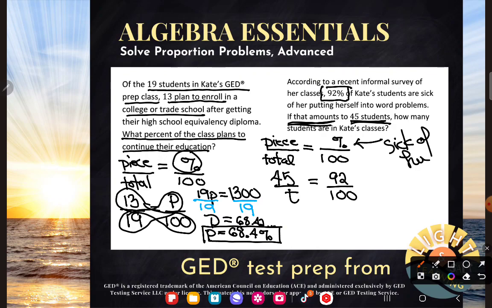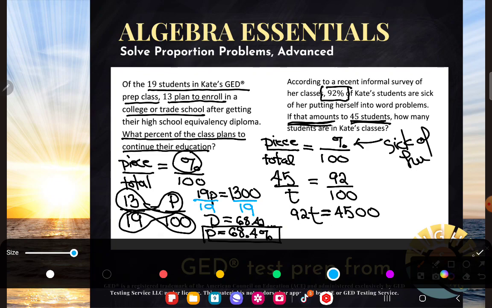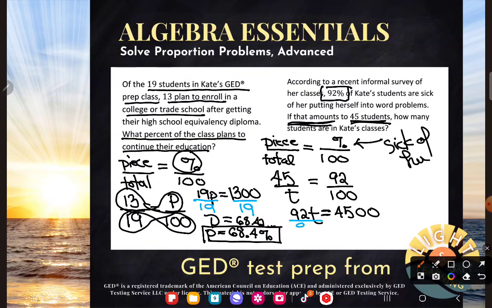Wonderful. Let's cross multiply to solve. 92 times t is 92t. And cross products are equivalent, so that'll be equal to 45 times 100, which is 4,500. And get that t alone by dividing away the 92.